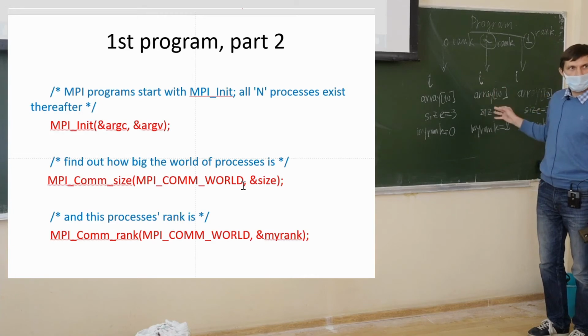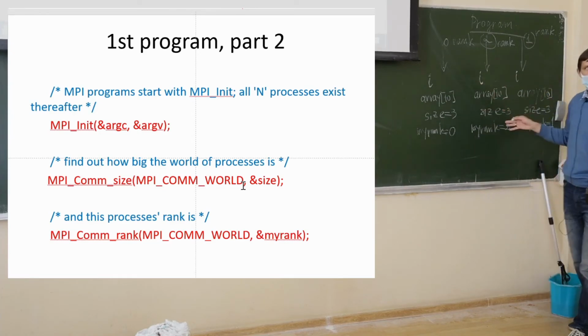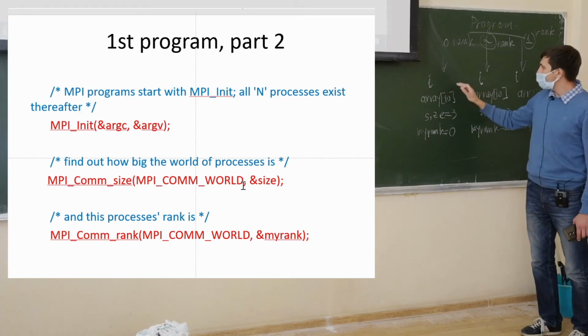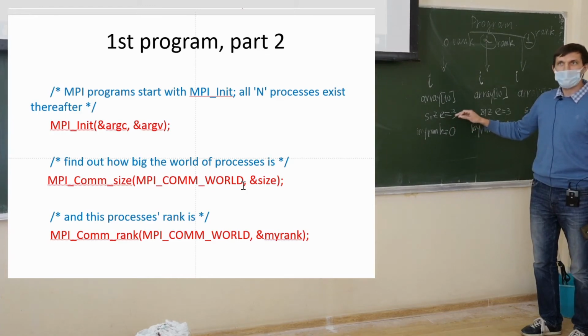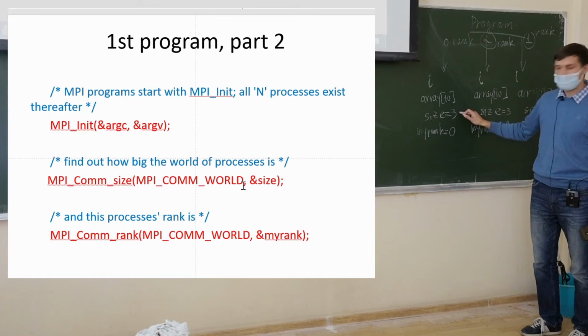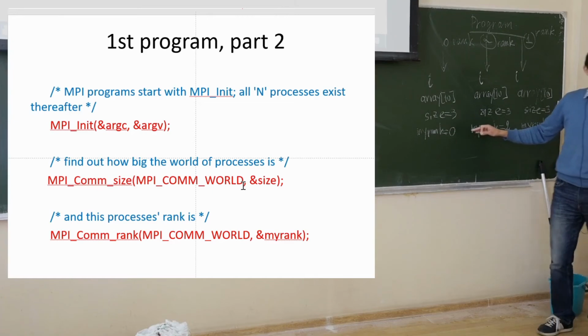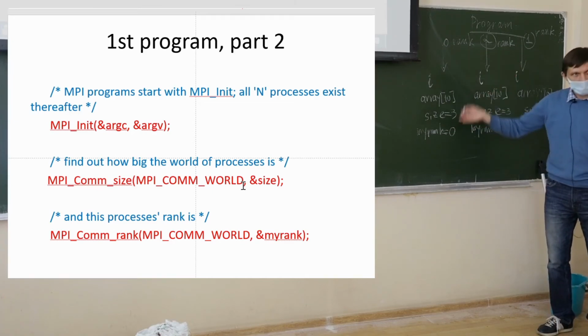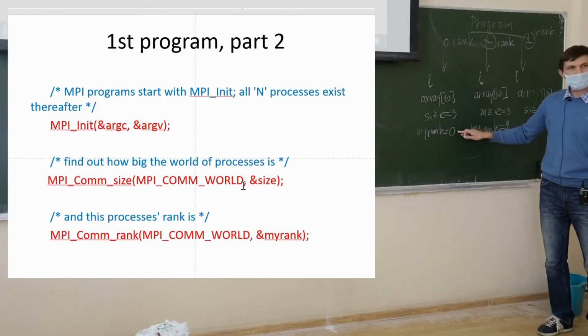Their names are the same, but in reality they are all different variables. Another variable on another computer will contain 3, and this myRank, another variable on another computer, a personal computer for example, or another node, will contain 0.